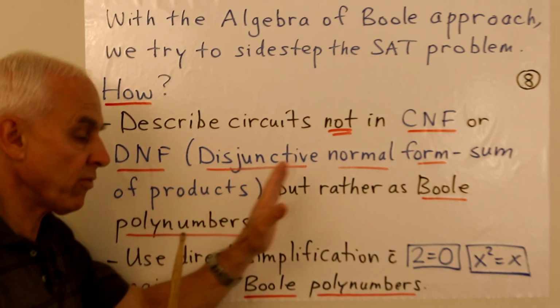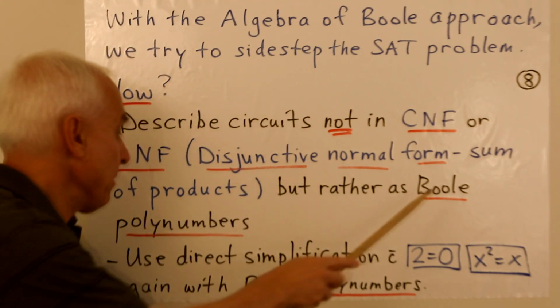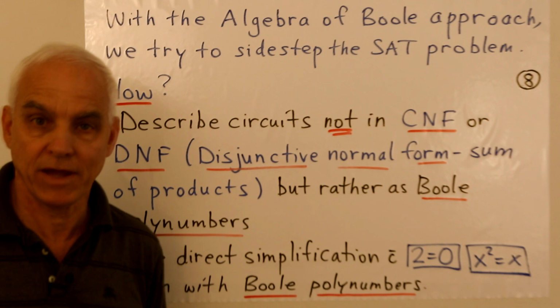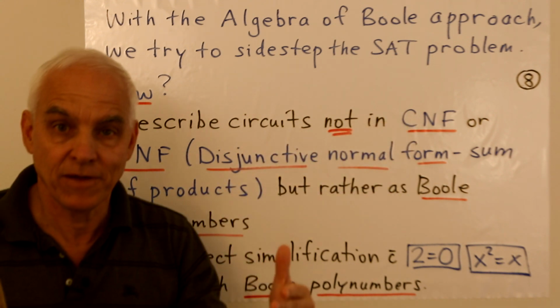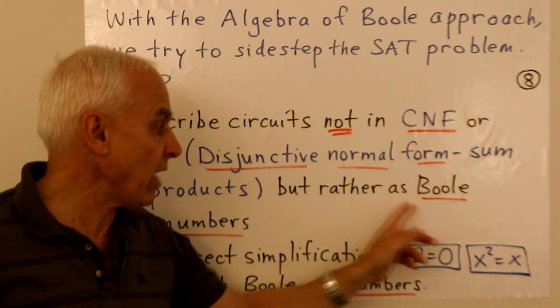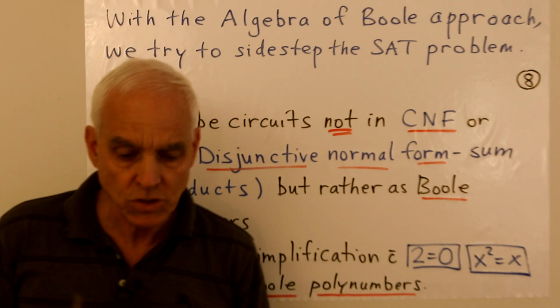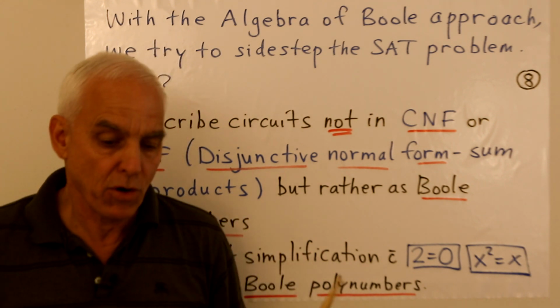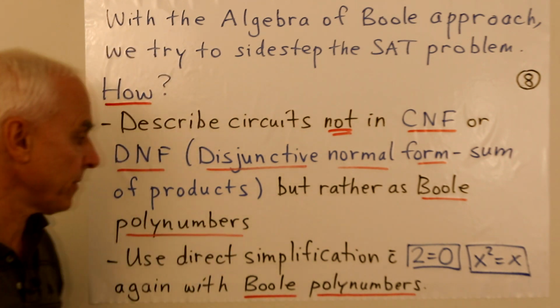But what we would rather do, right at the beginning, is to head towards a Boole polynumber. We don't want to go to these intermediate positions. They may be convenient from a Boolean algebra point of view, but for us they are not convenient. So we're going to take a big circuit and we're going to try to express it directly as a Boole polynumber.